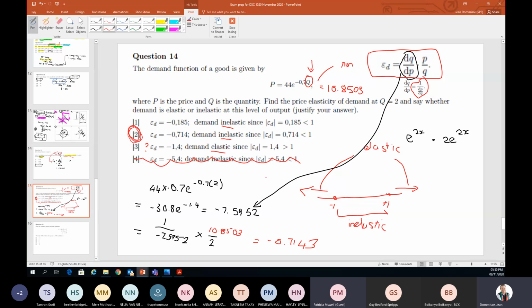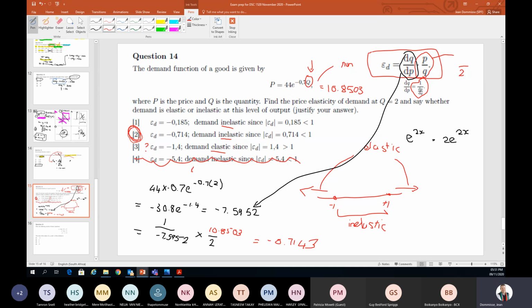So basically the important thing was, for that P and Q, we work with the original formula. The Q was easy, they gave us 2. For that P, you need to substitute the Q, and then we need to multiply it with 1 over the differentiation. So the differentiation rule was the difficult one to remember, which I totally forgot.